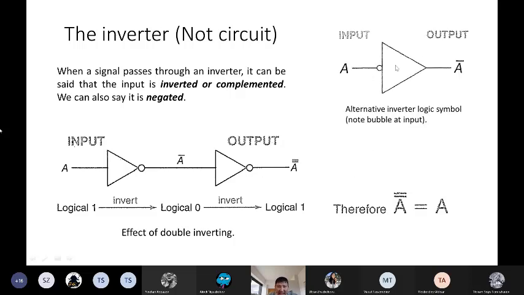But there is another representation. In the previous one you can see this bubble here, but it may be here. So it is actually the same. This bubble indicates that we need to apply low voltage, low state, in order to activate some circuit. So just for convenience, but this and this are the same.